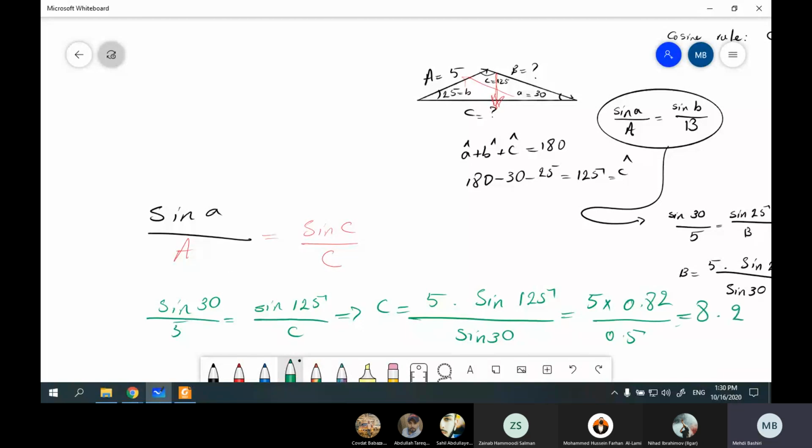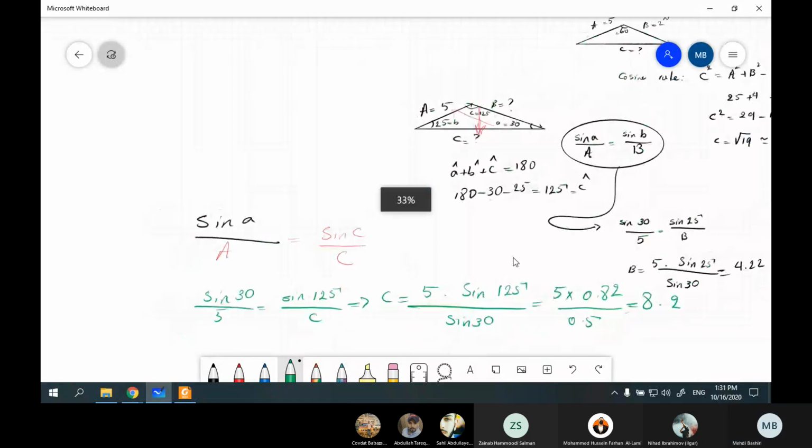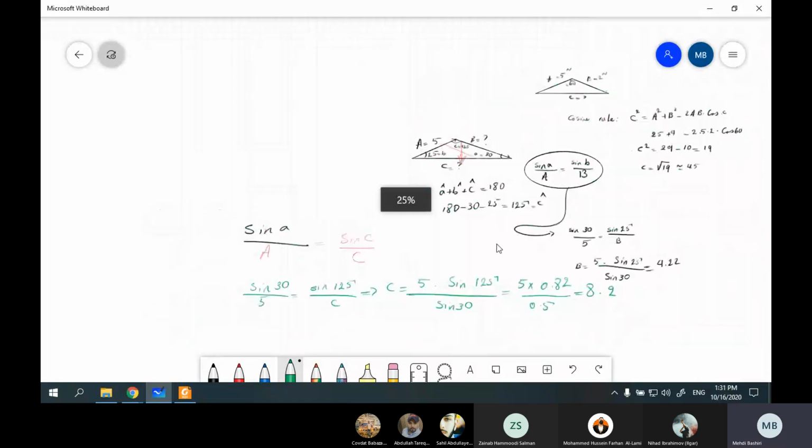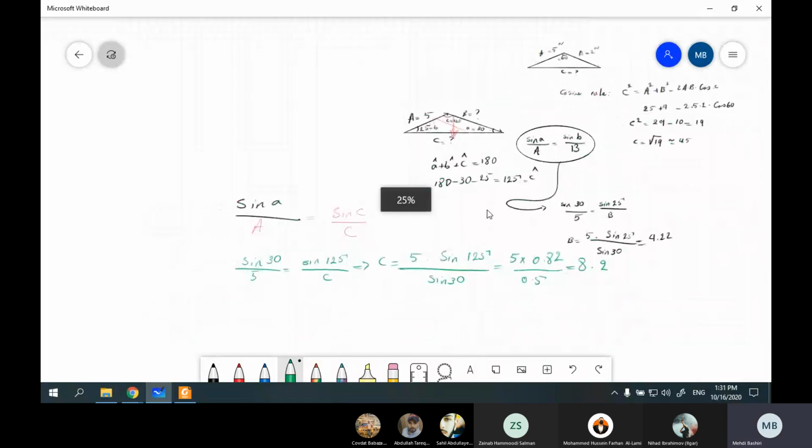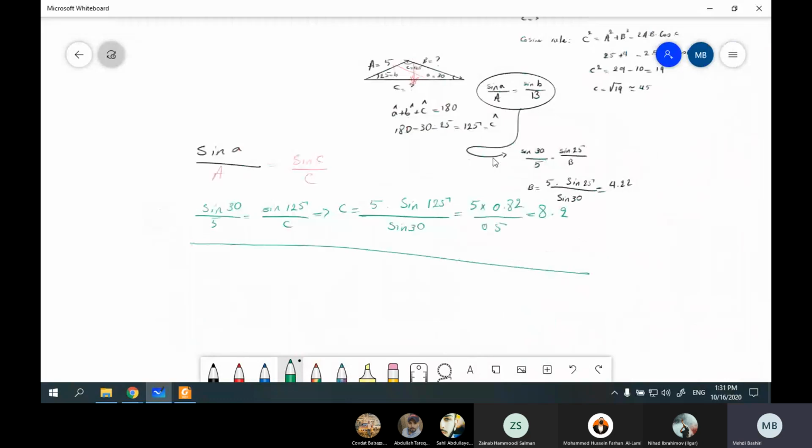Okay, so this is the application of sine. I'm not going to continue this method anymore because the most important method that you're going to use in future is the calculation of, or defining, the component of forces.